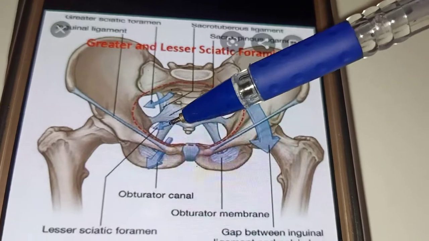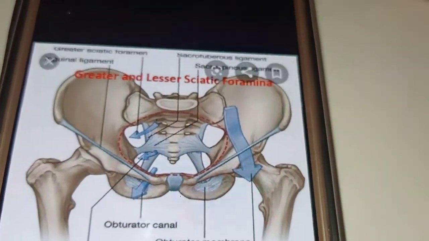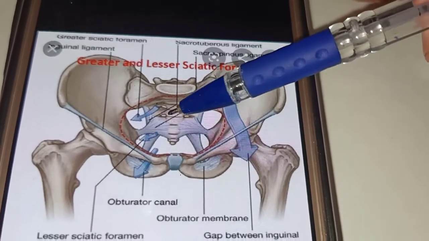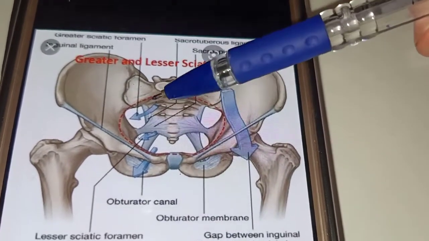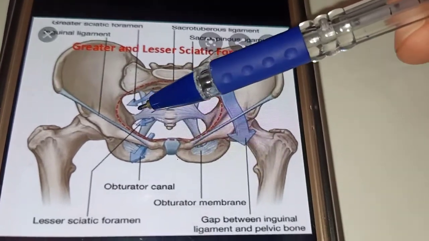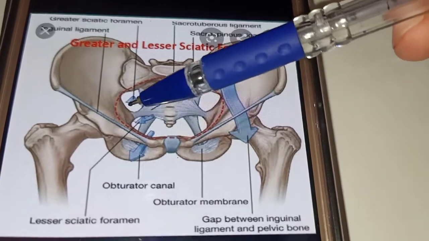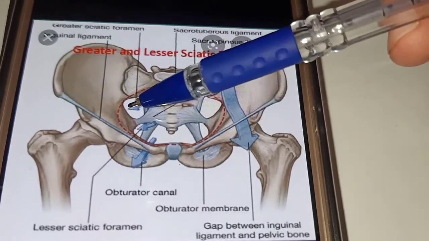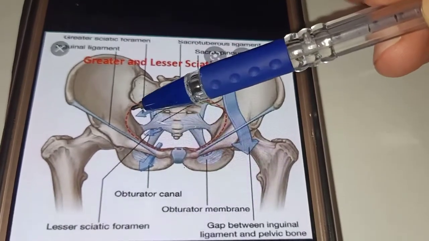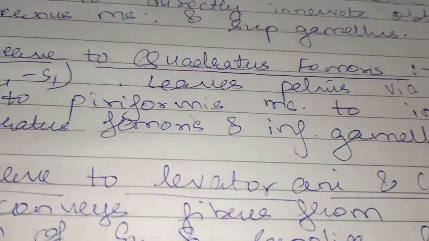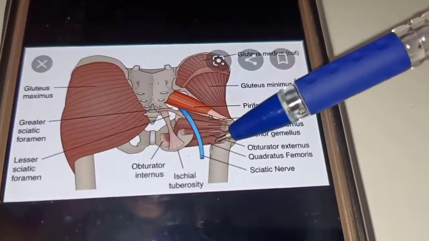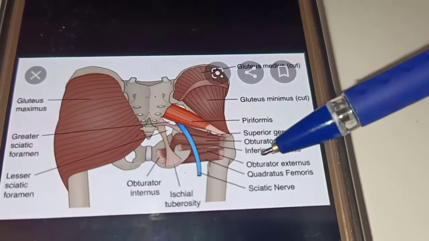It just arises from L4, L5 and S1 nerve roots, leaves the pelvis inferior to the piriformis, and innervates the quadratus femoris and the inferior gemellus.